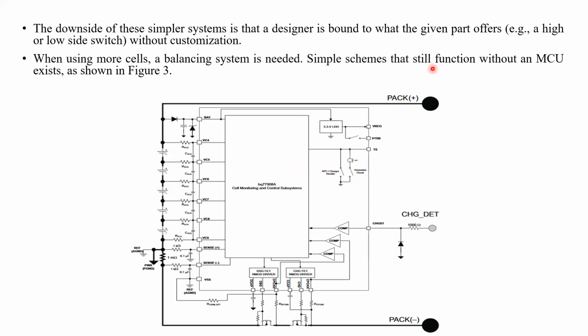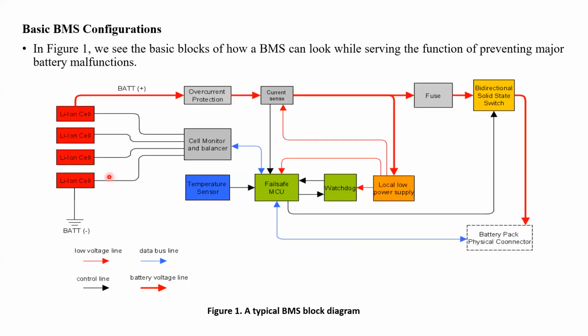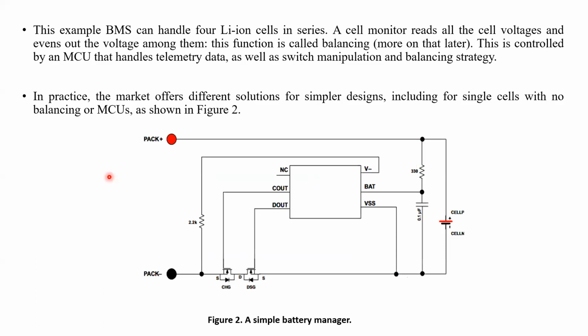A simple scheme that still functions without an MCU exists in the figure. In the previous diagram, we were using the MCU, the main control unit. But when we are using a number of cells, we can monitor the voltage, current sharing, and temperature of each cell without any main control unit.